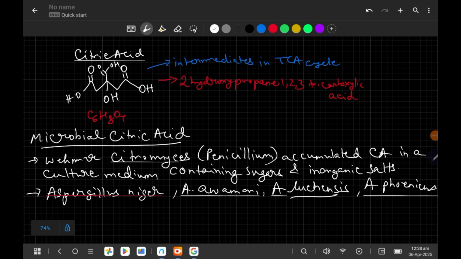Apart from that, there were other microorganisms like Botrytis, Penicillium, and others.